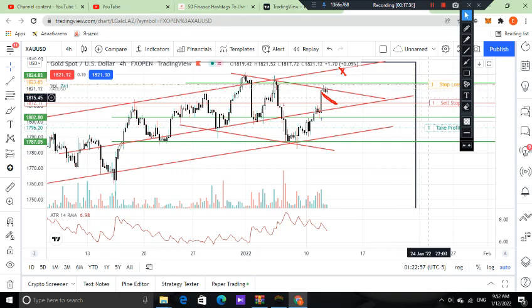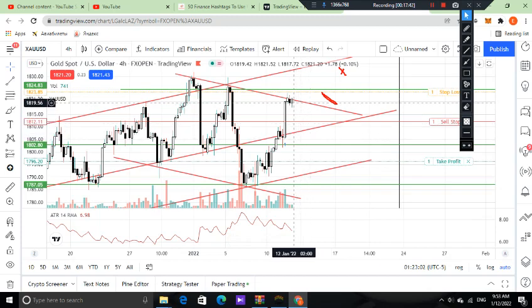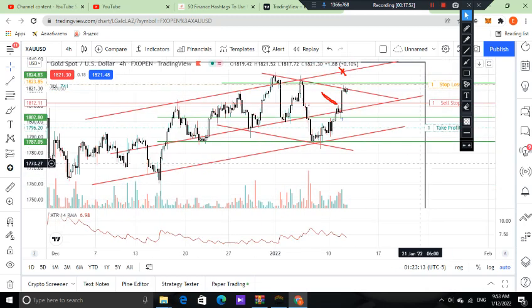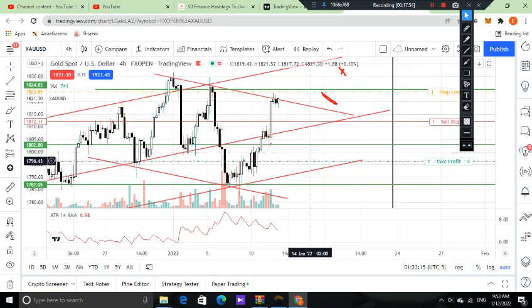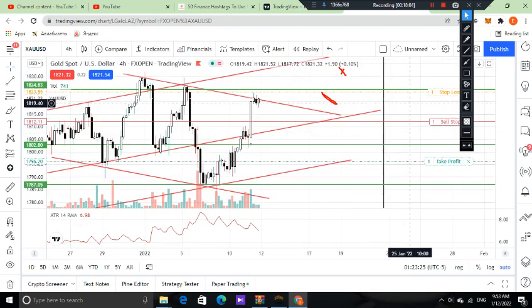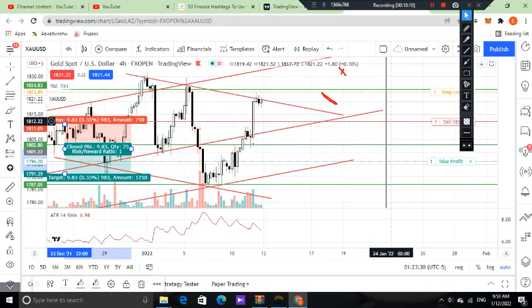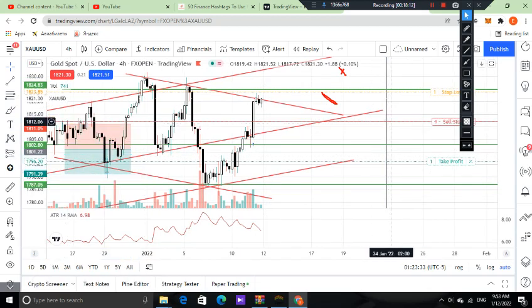I just put my stop loss above this level, which in future will become a top for me. I was humble about my take profit because I wanted to increase my winning rate. Yeah, I admit that my risk to reward is not that good, but my winning rate is high.